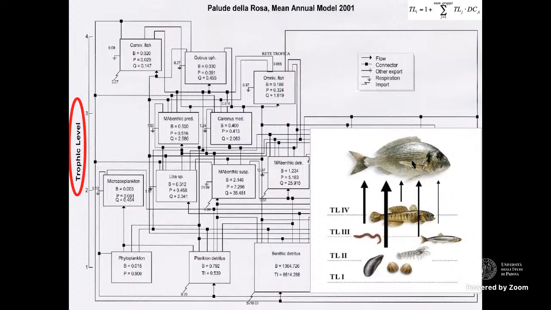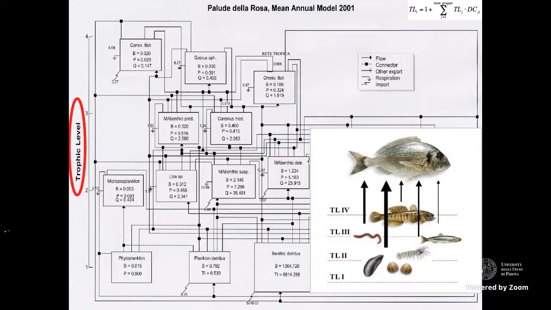So this way of subdividing the various compartments in terms of trophic levels gives you a new vertical axis that allows you to spread or display, or if you want, to distribute the various boxes into different trophic levels.